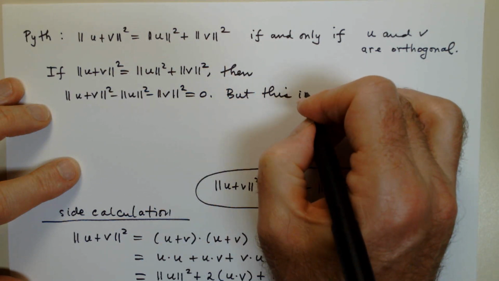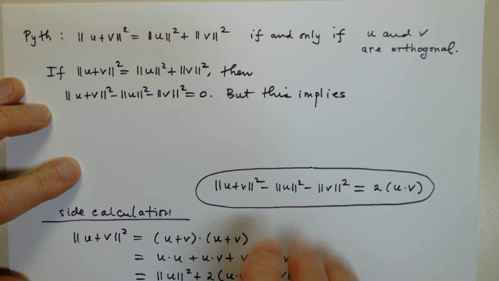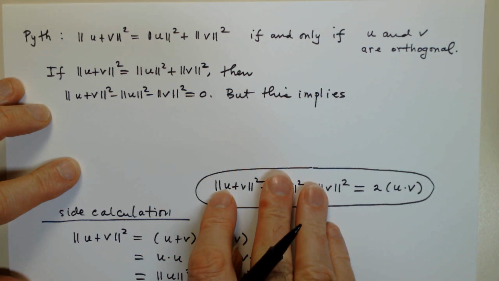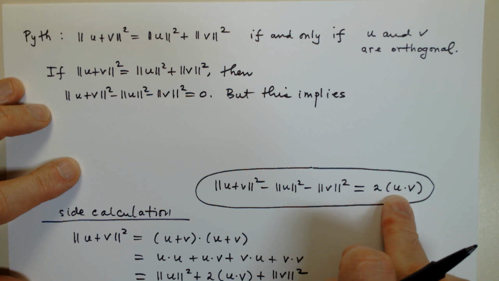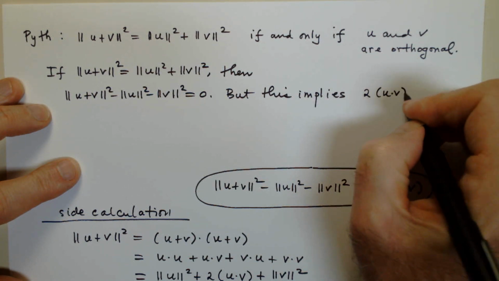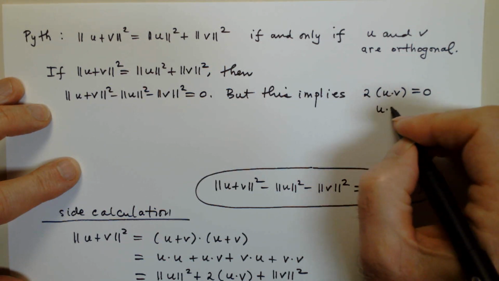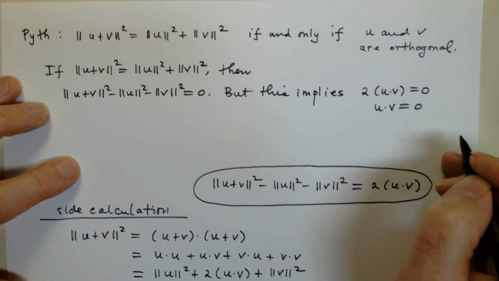But this implies, according to our master formula, if this is equal to 0, that 2 times u dot v is equal to 0. Or after dividing by 2, u dot v is equal to 0.